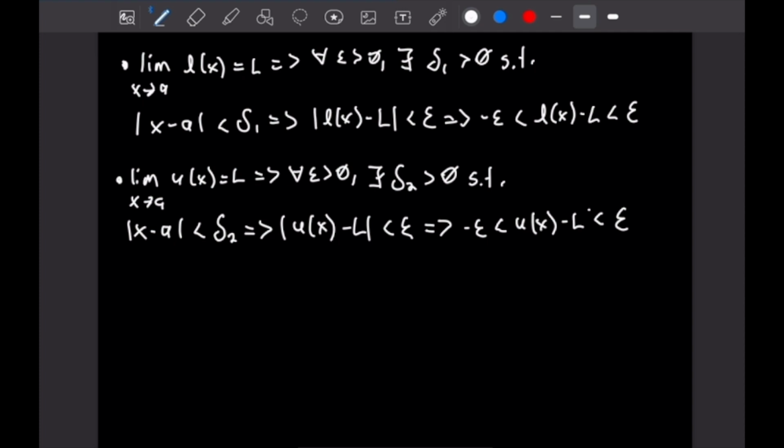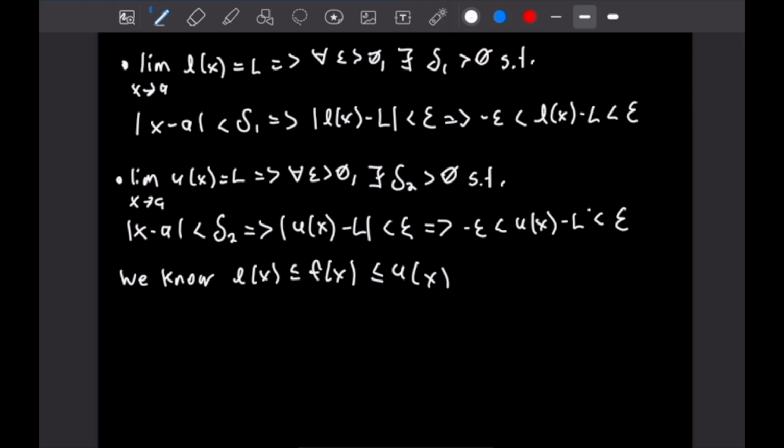So now we're going to use our inequalities. So we know that the following inequality holds, that L of x is less than or equal to f of x, which is less than or equal to u of x.